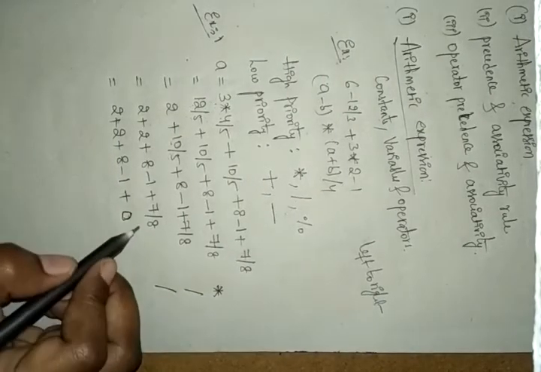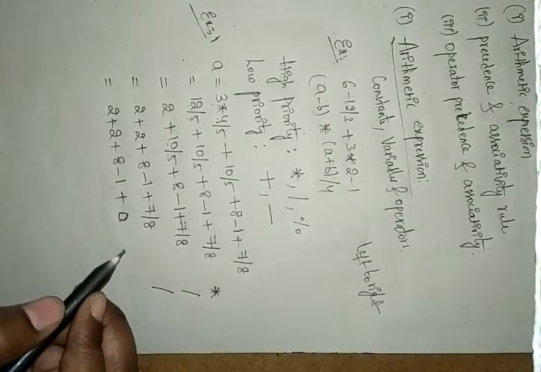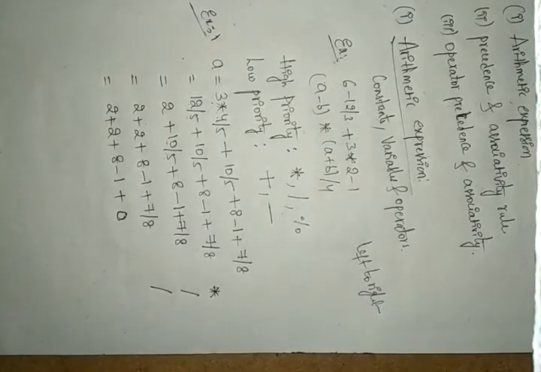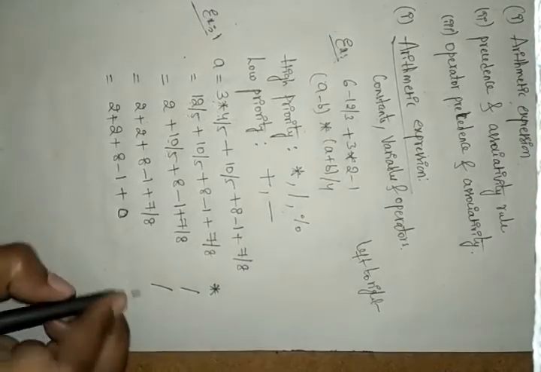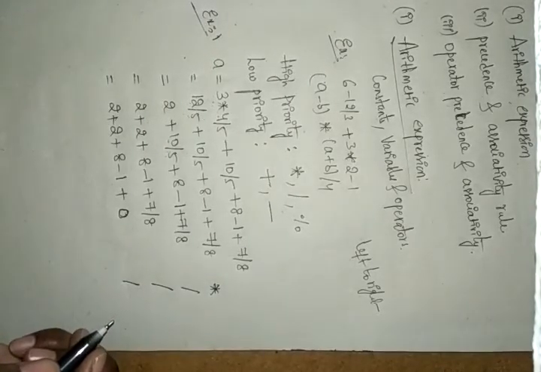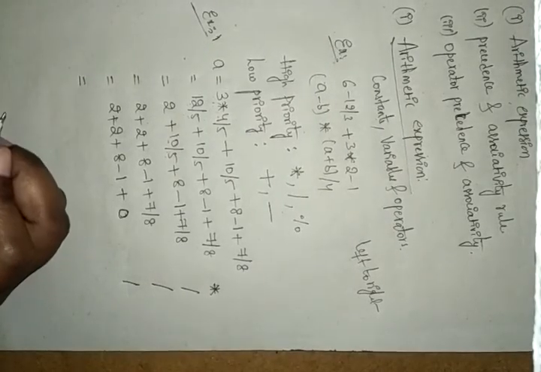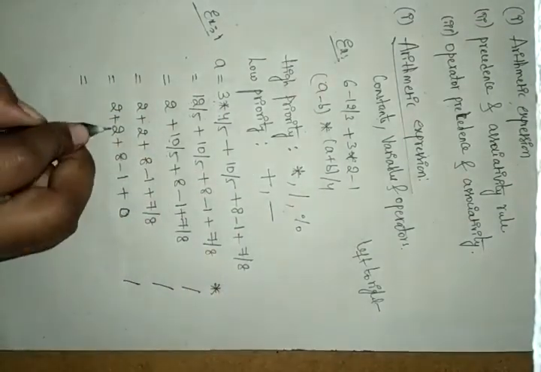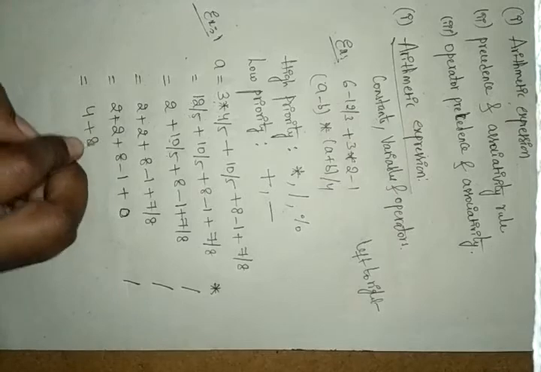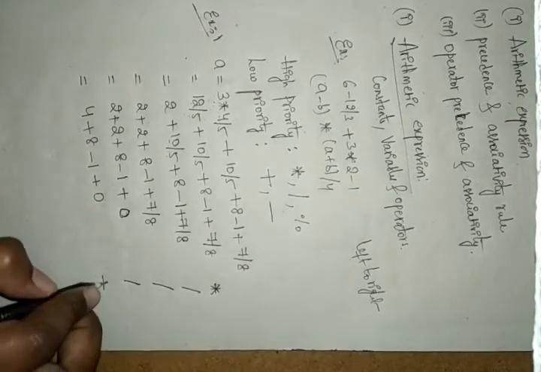Whatever we get, 0 point something, after the fractional part we remove all of it and take only the value before it. Here we also did like this. After that we need to do the lower priority: 2 plus 2 is 4, plus 8 minus 1 plus 0. Yes, there is no problem with this.